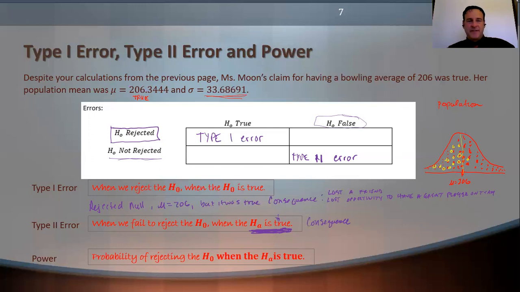So if that was the case, where we didn't reject the null when the alternative is true, we may have had a person we thought was a strong player.